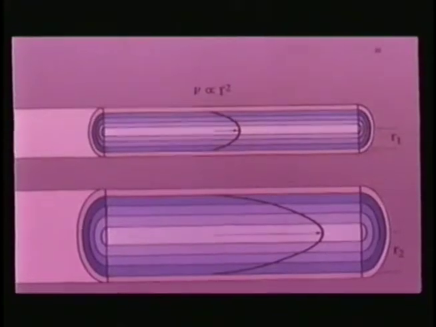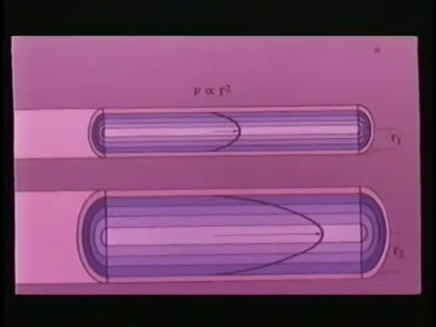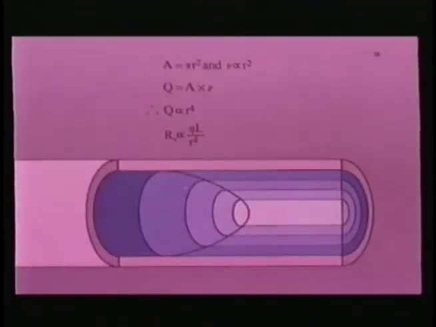25. Notice also that the mean velocity of a fluid flowing with a parabolic profile varies directly with the square of the radius. Therefore, doubling the radius increases the mean velocity to 4 times its initial value. 26.